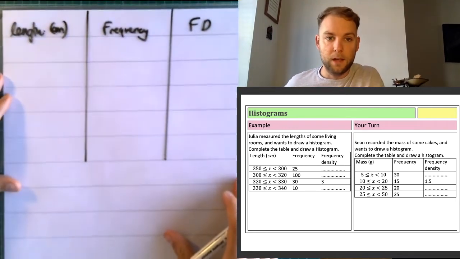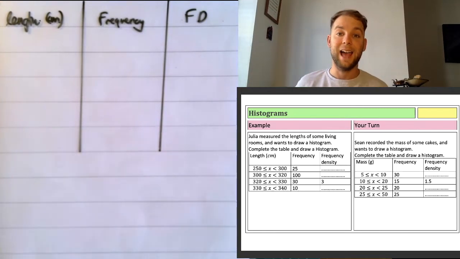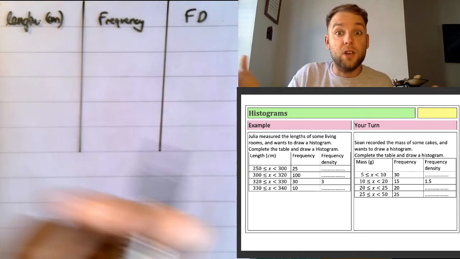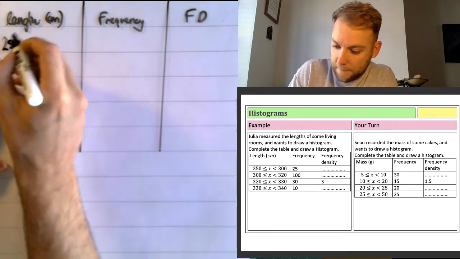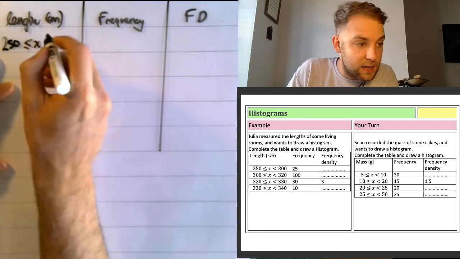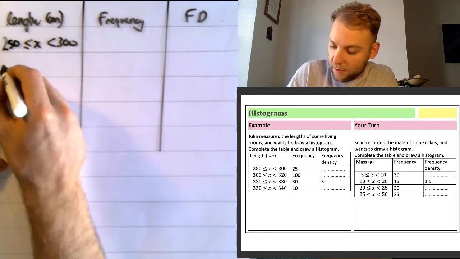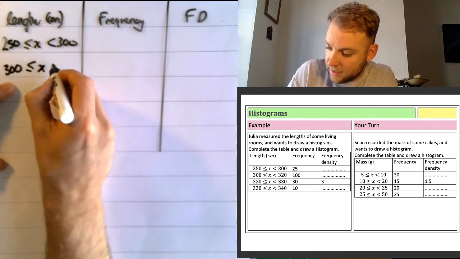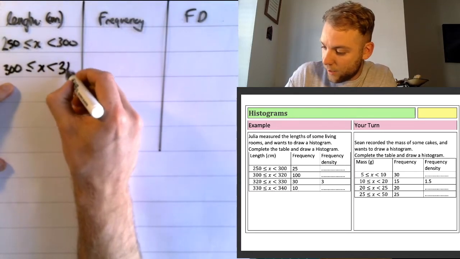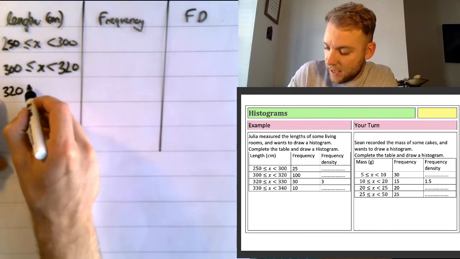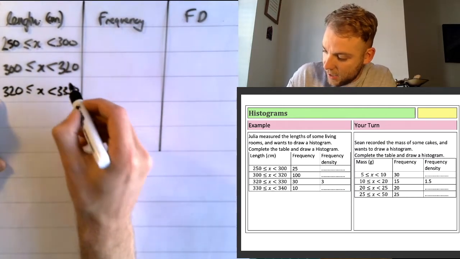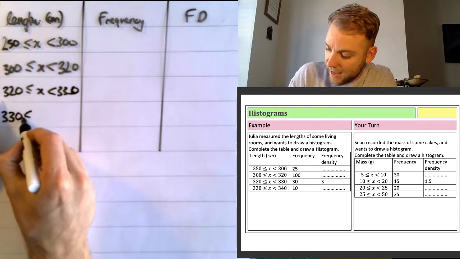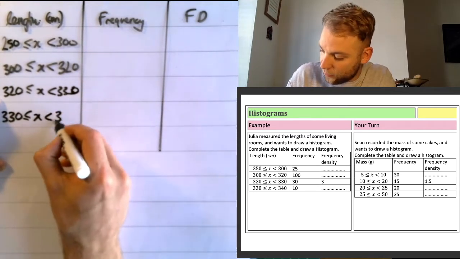Now remember that we are using frequency density as the height, as it's a better representation when our widths aren't even. Okay, so our first one here is 250 is less than or equal to x is less than 300, then 300 is less than or equal to x is less than 320, then 320 is less than or equal to x is less than 330, and then 330 is less than or equal to x is less than 340.